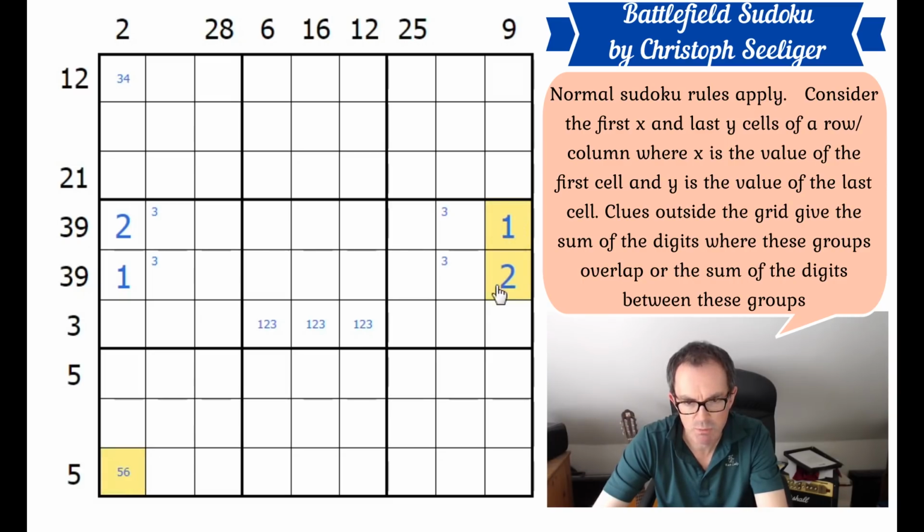Now, why is it tricky? Well, it's because of the logic I just mentioned up there, which is that if there's a gap clue, a 5 can only be a 1-cell clue or a 2-cell clue, which means that these 2 cells have to either add up to 8 or to 7. Now, you can see immediately they can't add up to 7 because we can't put a 1 or a 2 in here.